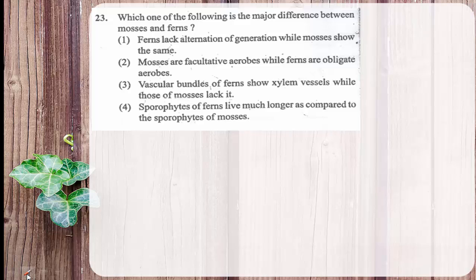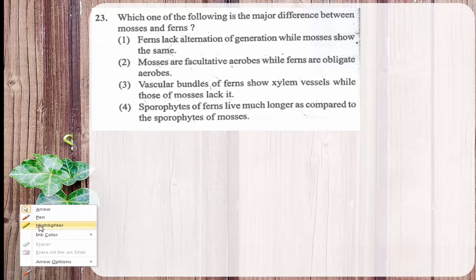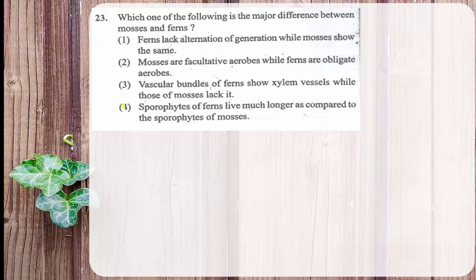Yes, this is true, because in ferns, that is pteridophytes, the sporophyte is the dominant phase in the life cycle, whereas in mosses, that is bryophytes, the gametophyte is the dominant phase. So the sporophyte of ferns lives much longer than that of mosses. So the right answer for this question is option 4.